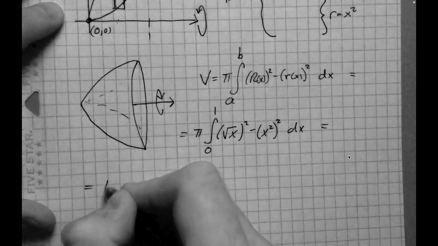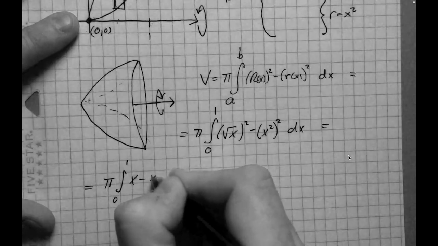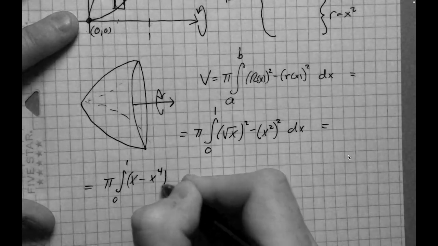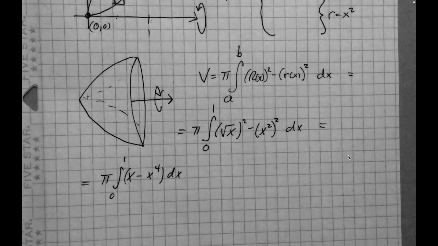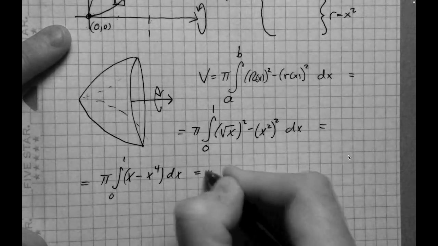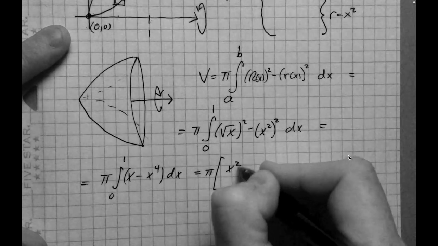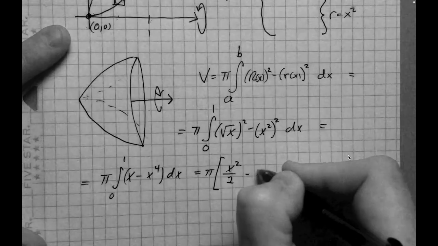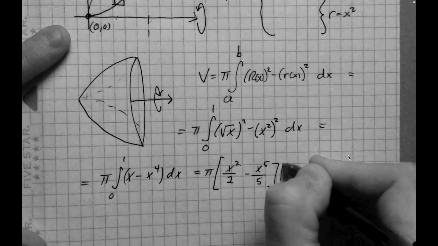And so what do we get? We get pi times the integral from 0 to 1 of x minus x to the 4th. This is just a simple polynomial, so we can quickly integrate this. It'll be x squared over 2 minus x to the 5th over 5, from 0 up to 1.